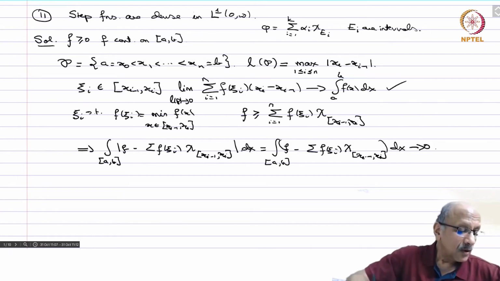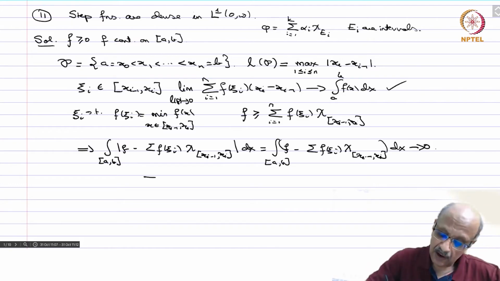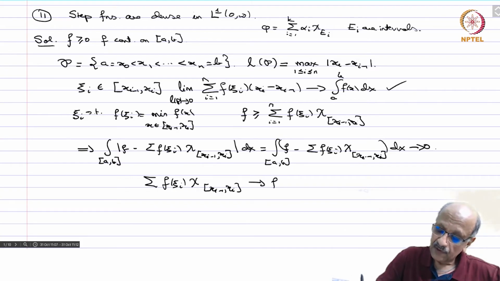Okay, so you have that sigma f(xi_i) chi of [x_{i-1}, x_i] tends to f in L1[a, b].